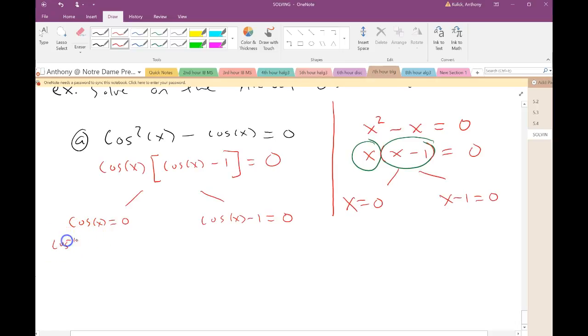So if I take cosine inverse of both sides, and if I go look at my unit circle, I know cosine 0 is a unit circle value. Where does cosine equal 0? Pi over 2, and also 3 pi over 2.